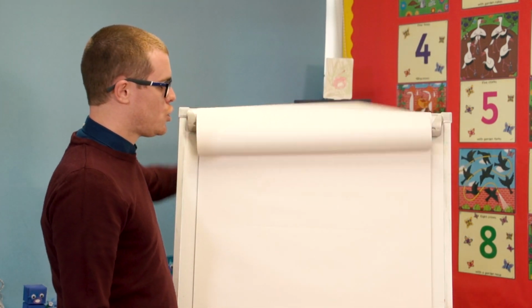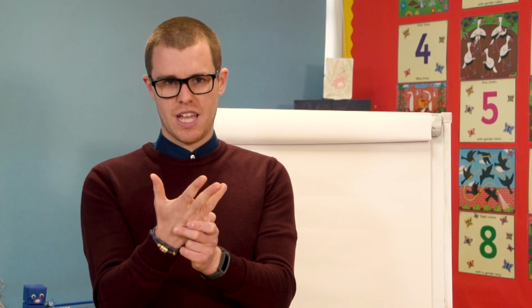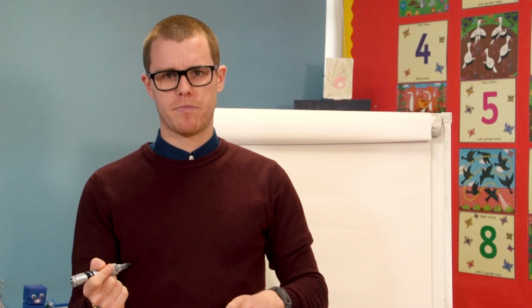Let's move on to a tricky word that we have met before. Once. Segment the sounds with me. Once. w, u, n, s. Let's count how many sounds there are. Once. w, u, n, s. That's 4 sounds. Can you remember the 2 tricky bits in this word? Well, the first bit is tricky.